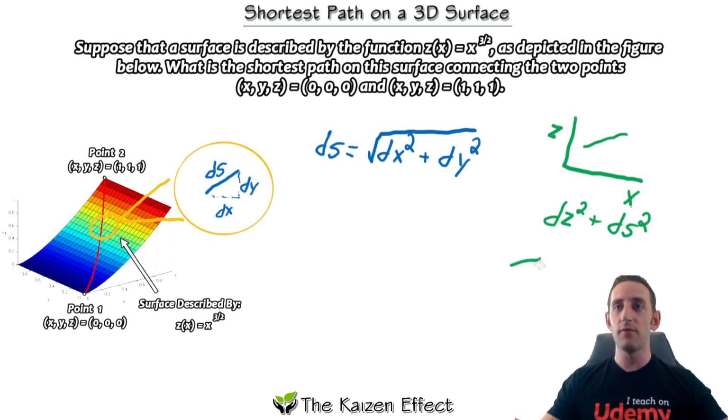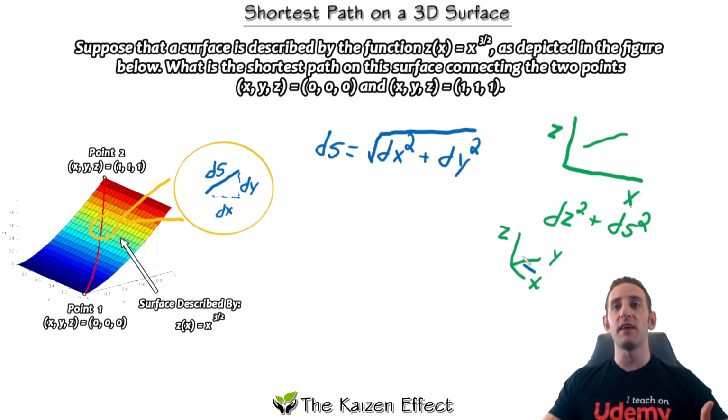Right, we can have x, we can have y, and then we can have z here. If we find this guy, ds, so ds is going to be something like this. If we find that projection, this is perpendicular to the z axis. So, right, it's 90 degrees.